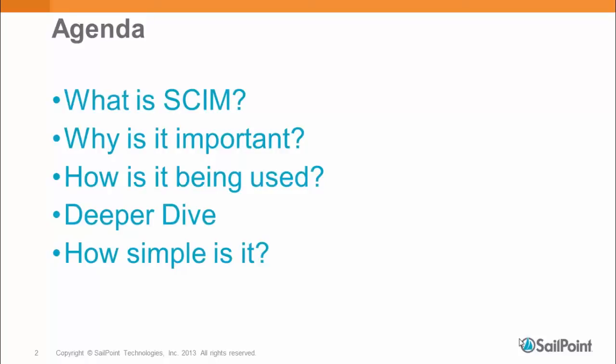You're going to see the real JSON and the real HTTP stuff happening, so you can get a feel for that. And then we're going to talk about how simple SCIM is, and if you're planning on implementing SCIM, ways to make use of some of the tools that are out there and how quickly you can get ramped up on that.